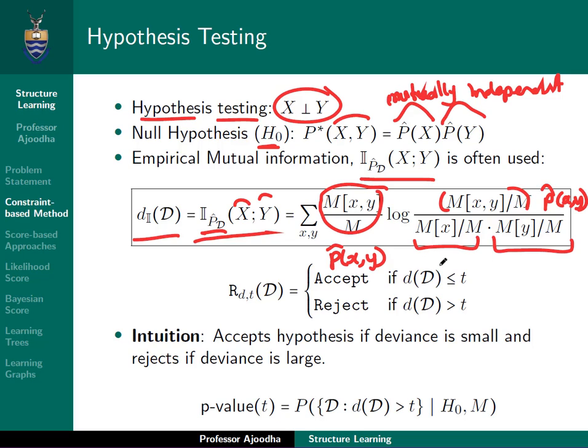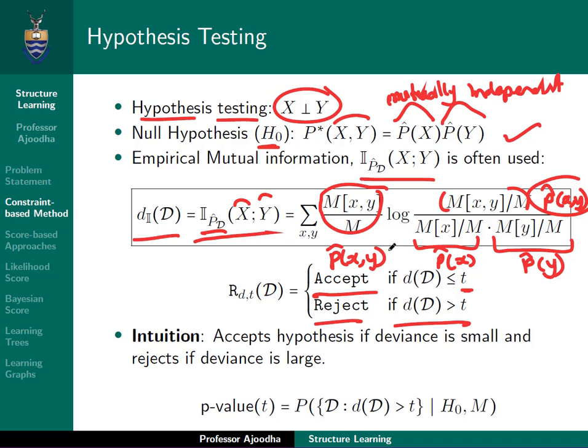That part would have been just the empirical distribution of x, and this part the empirical distribution of y. So the formula sums over the ratio of them being correlated over these two variables being independent. If this is below a particular threshold t, then we accept the hypothesis that they are independent. If it's above the threshold t, then we reject the hypothesis that they are independent.